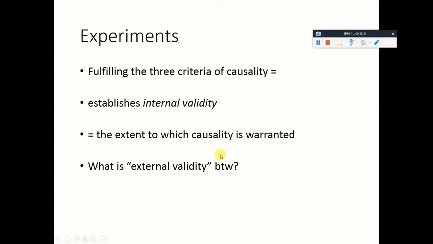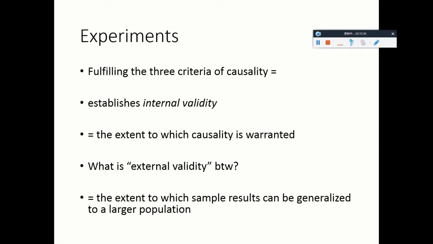Okay, well, by the way, what is external validity? We talked about this concept when we introduced the method of survey. So just to refresh your memory, right? External validity means the extent to which the sample results based on your sample can be generalized to your target population.